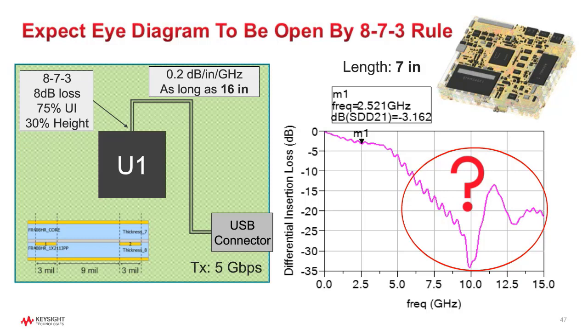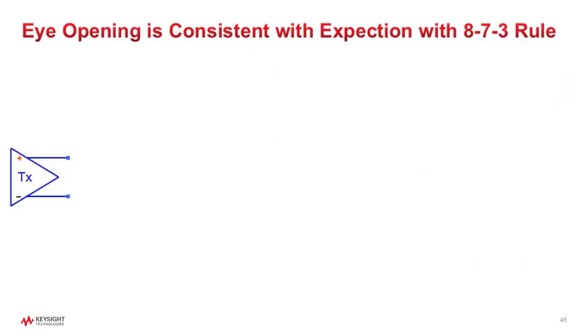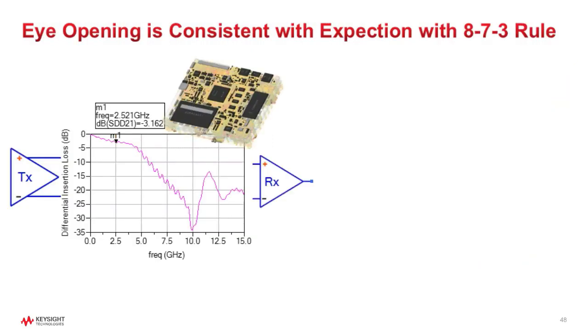Before we do that, based on our A73 rule, we did not specify what happens when you see a dip. The only thing we specified was Nyquist. And we'll see the value of that when we put in our channel with the TX and RX. So this is what's going to happen. We're going to put in this channel, and we should expect the eye should be open based on the A73 rule.